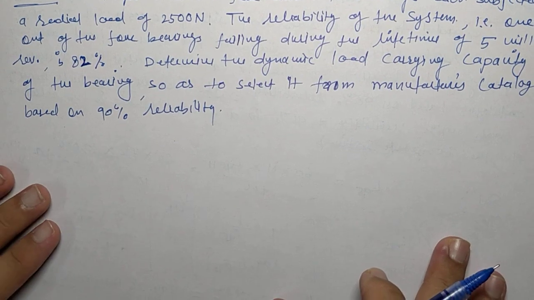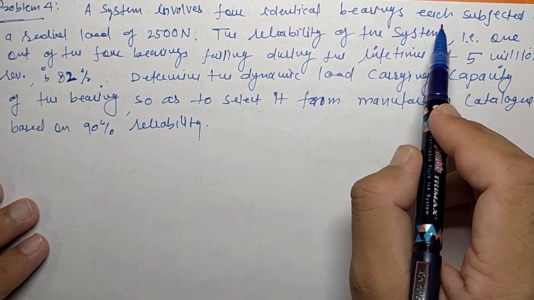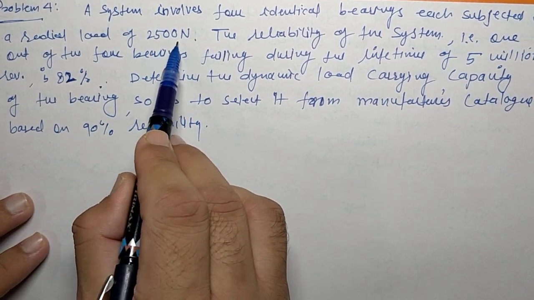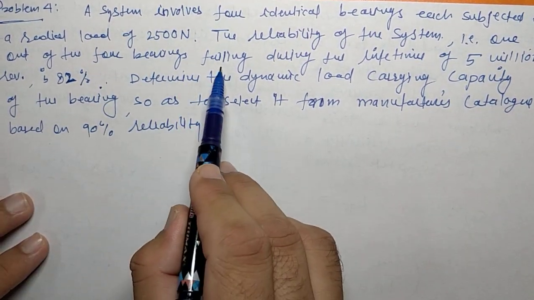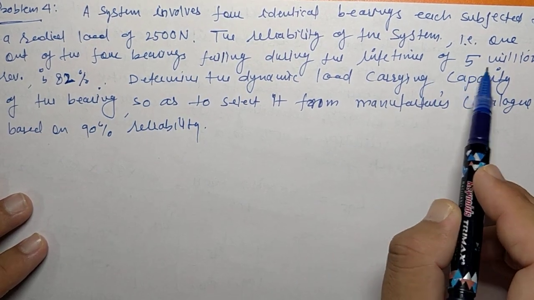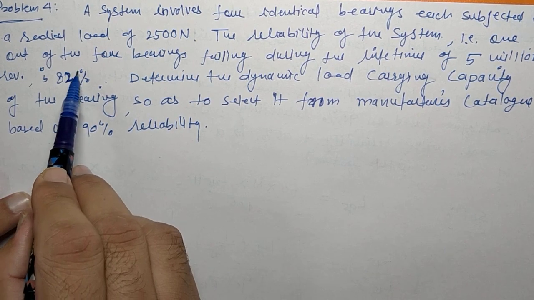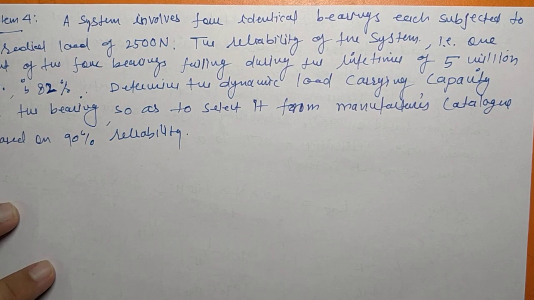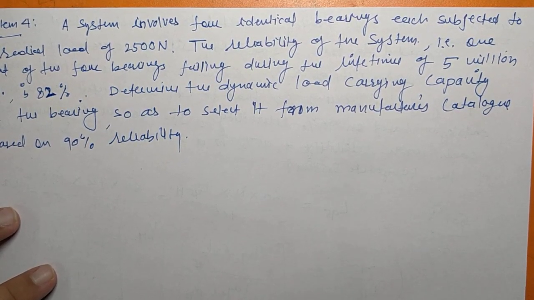Next problem: we are given a system involving 4 identical bearings, each bearing subjected to a radial load of 2500 Newton. The reliability of the system, that means 1 out of the 4 bearings failing during the lifetime of 5 million revolutions, is 82%. Here we are given the system reliability, because in a system, if 1 bearing out of the number of bearings fails, then the system is considered failed.